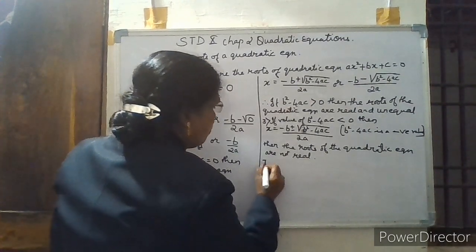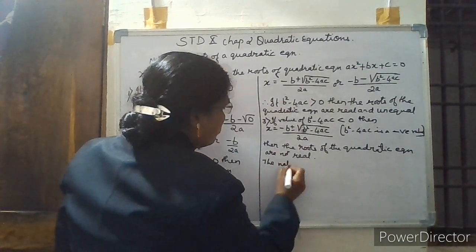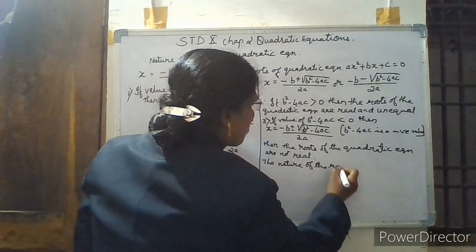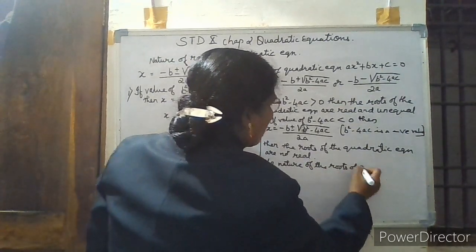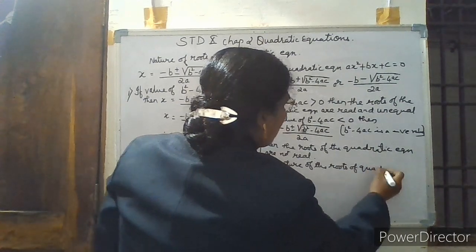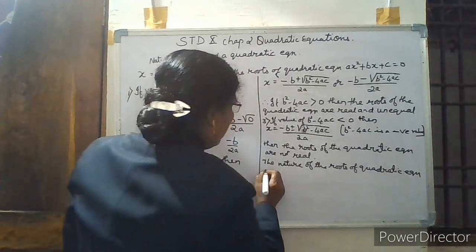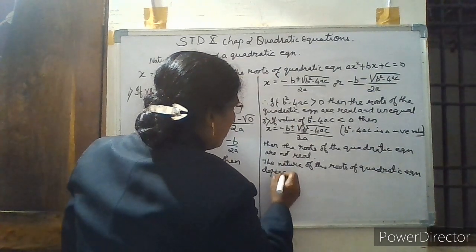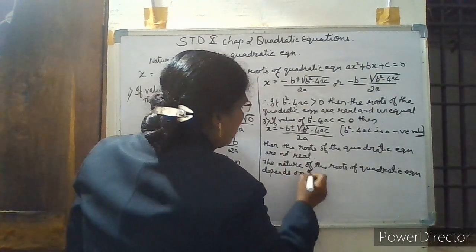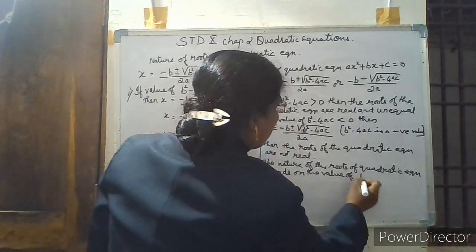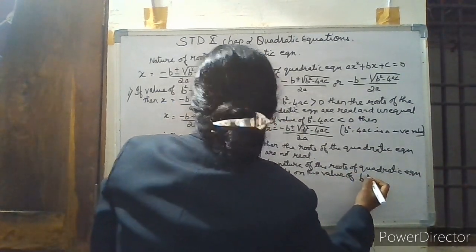The nature of the roots of the quadratic equation depends on the value of b squared minus 4ac.